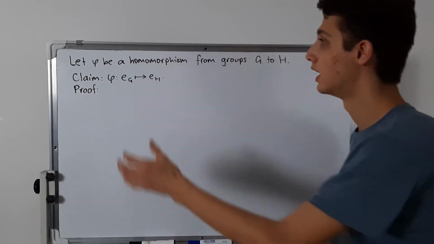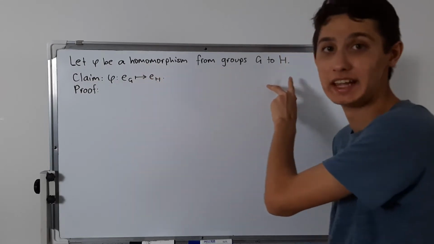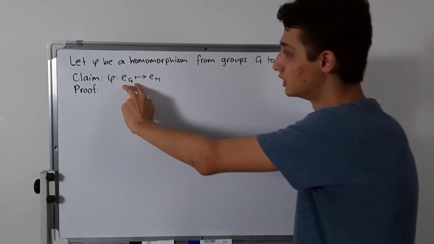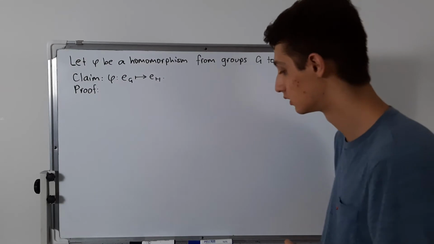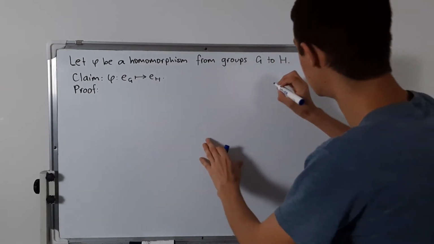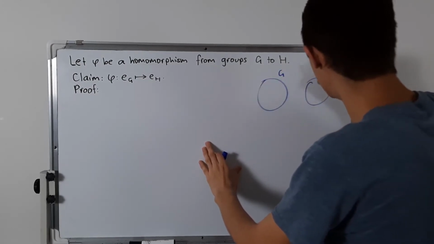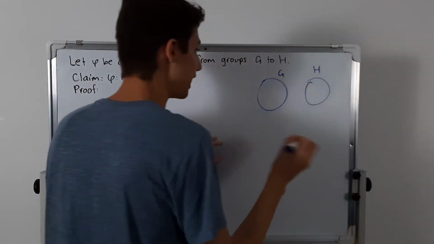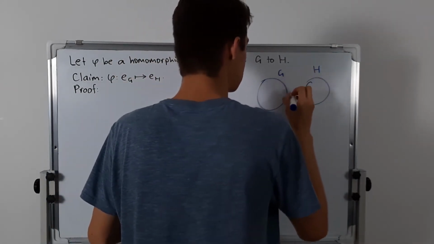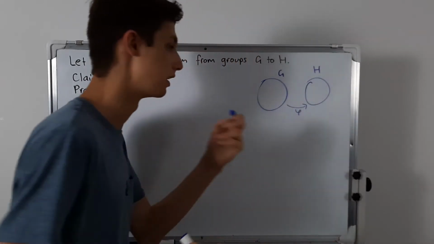I'm going to prove that phi, a homomorphism from G to H, maps the identity of G to the identity of H. So let me just draw a little pictorial representation. Basically, if we have a group G and a group H, and a homomorphism that maps from G to H, we'll call that phi.